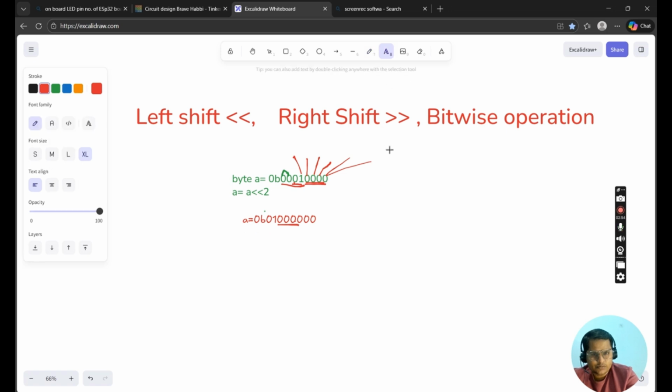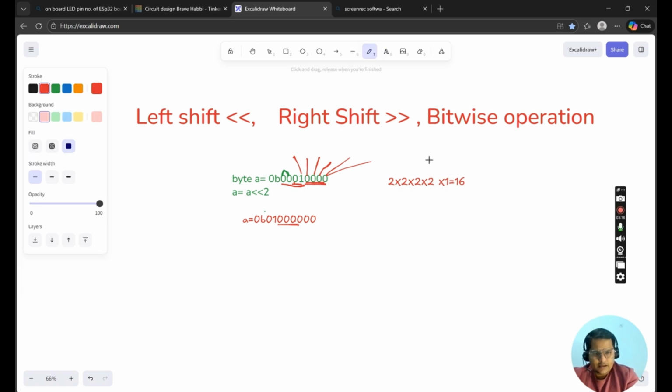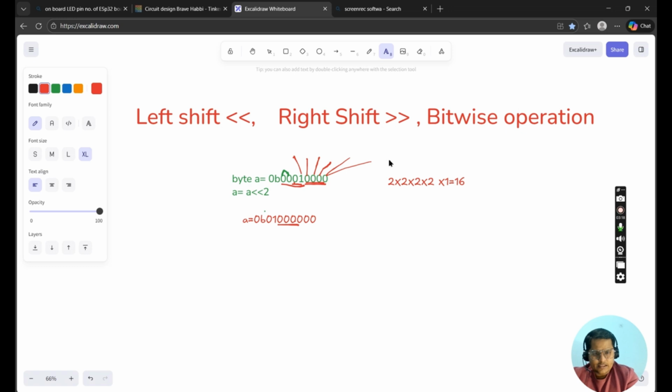How to do that? 2 into 2 into 2 into 2, because we are converting binary into decimal. 2 to the power 4, and then we will multiply by 1. So the value will be 16. The initial A value was 16 before the shift operation.